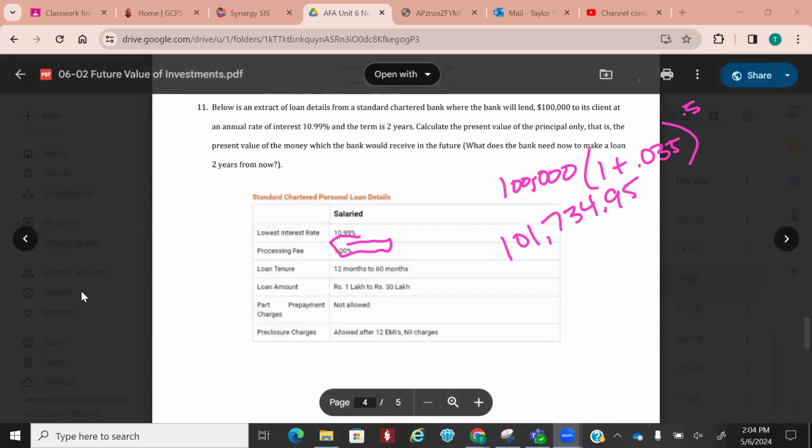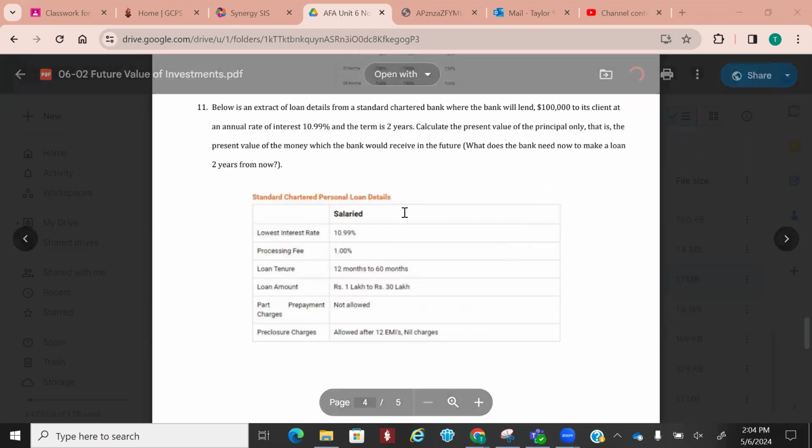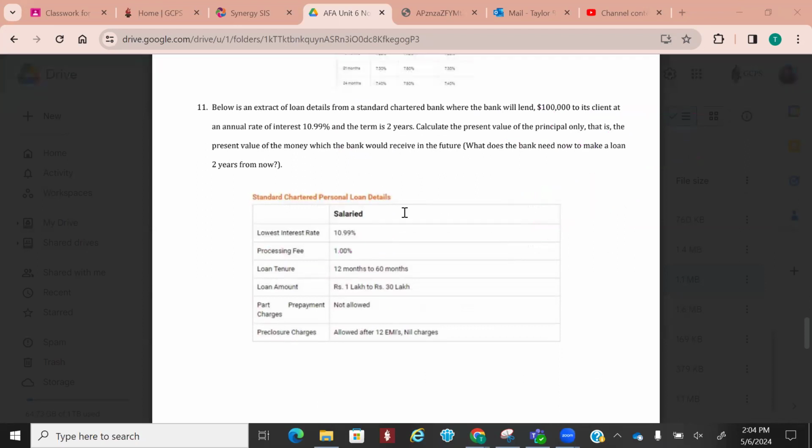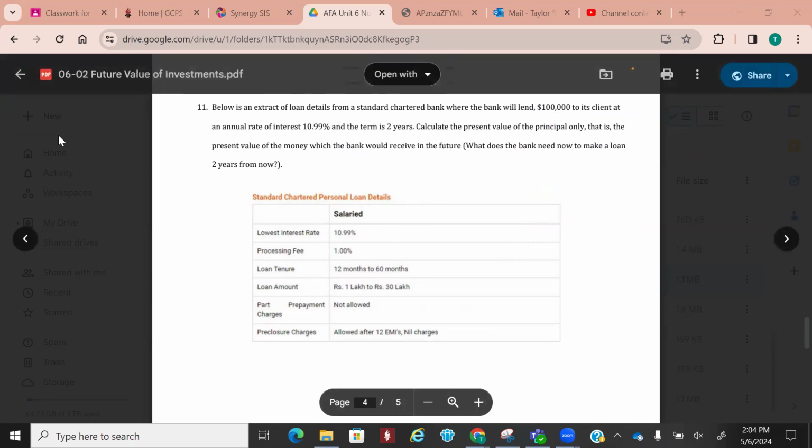Below is an extract from the loan details of a Standard Chartered bank where the bank will lend $100,000 to its clients at an annual rate of 10.99%. The term is 2 years. Calculate the present value. Again, using that same formula we just got, trying to find the present value.